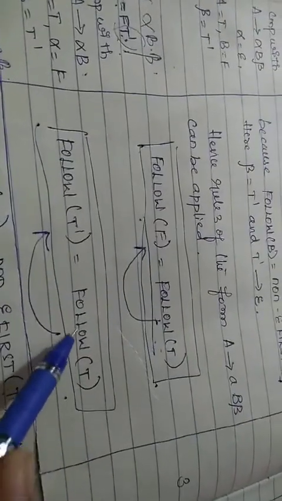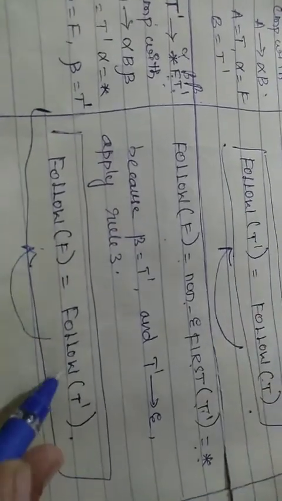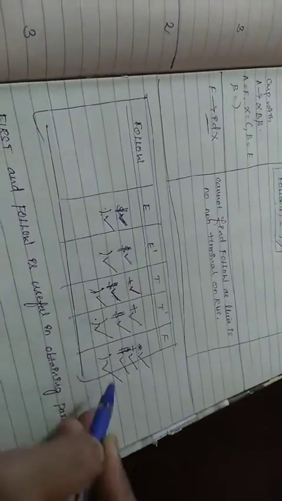Follow of E. Whatever is there will go to E dash also. T and T dash are also dependent. Look at one more. Follow of T is also dependent on T dash. So it will go here also. What is the last one? Follow of F is also dependent on T dash.